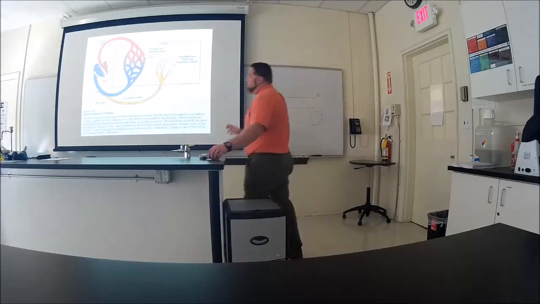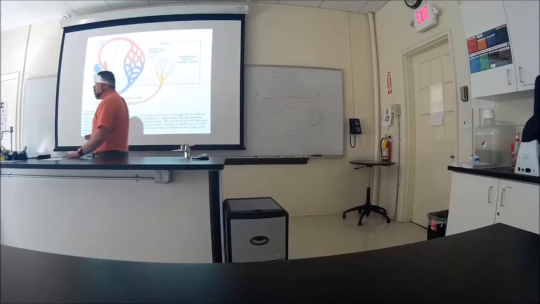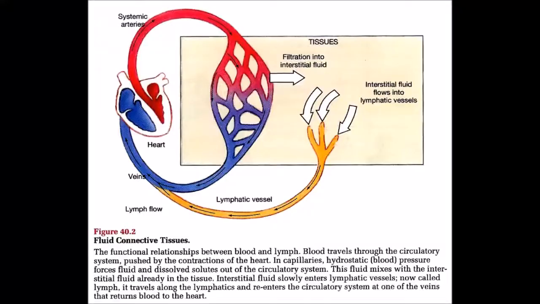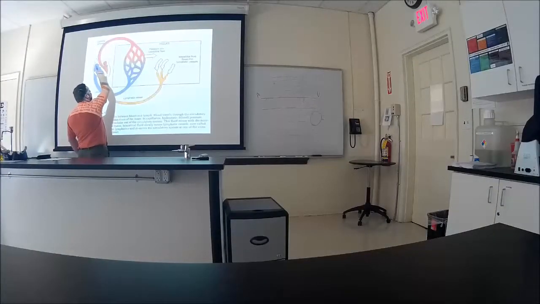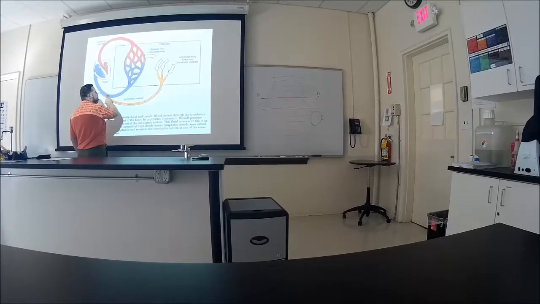So this is a great picture to help you understand the overview of what we're talking about here. We have the arteries in red over here and the veins in blue.